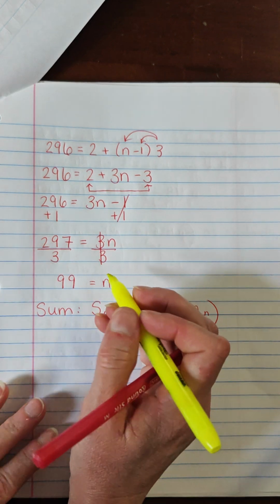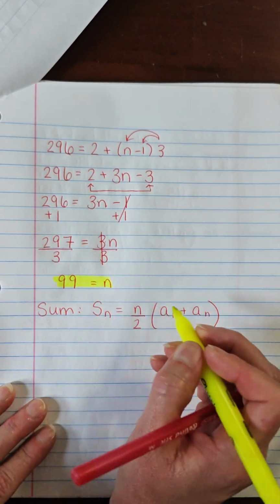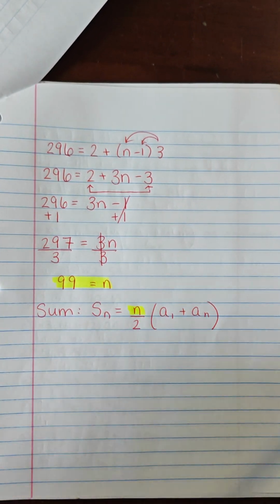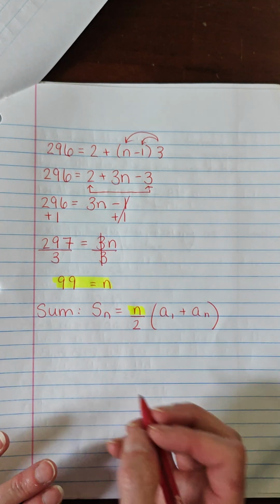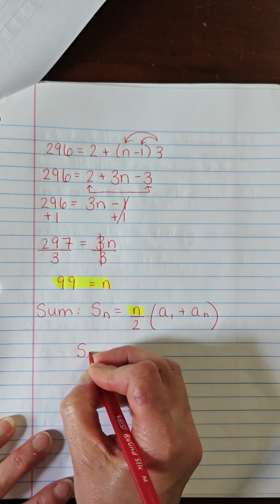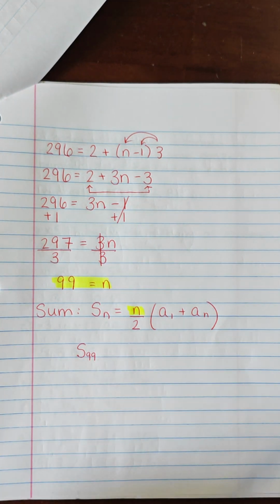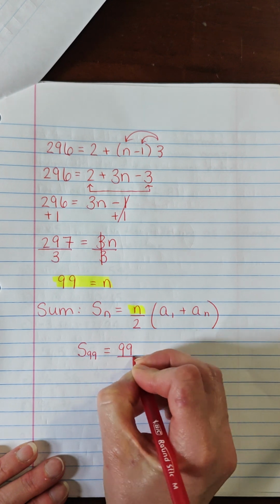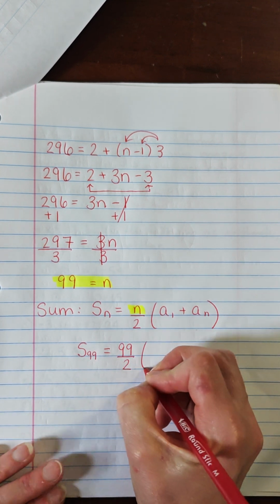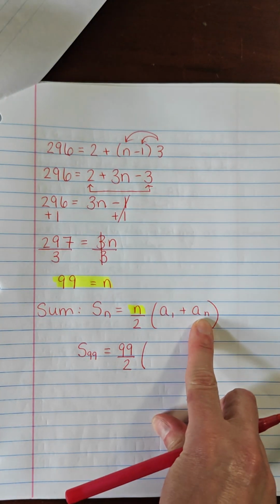Now I've got my n value of 99. I'm looking for the sum of the first 99 terms. That is 99 divided by 2.